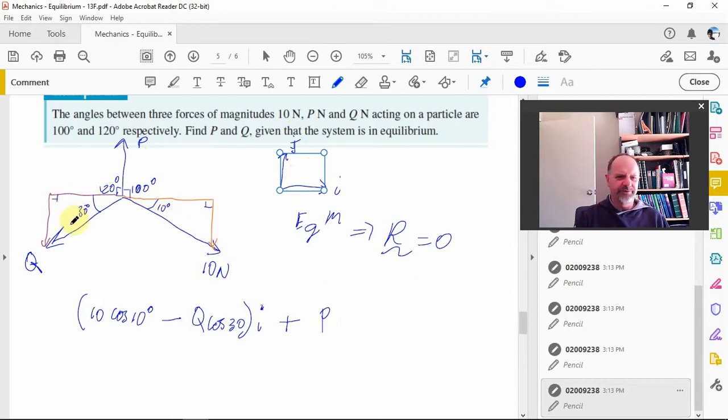And then I've resolved each of these into perpendicular vectors. Then the next ones are in the negative direction, aren't they? This one here is pointing down. So it's minus how much? Well, we've got this component from the 10 Newton, which is 10 sine 10.